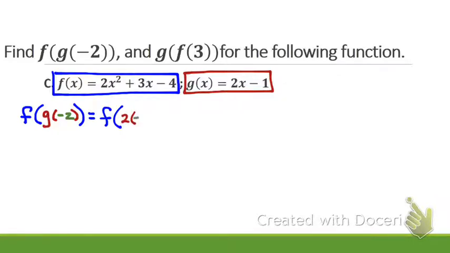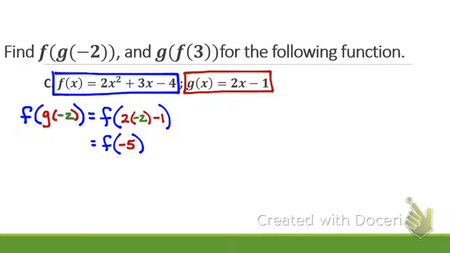And we're going to put -2 in the place of that x. Two times -2, -4 minus 1, -5. So I want to take -5 and feed that into my function f.